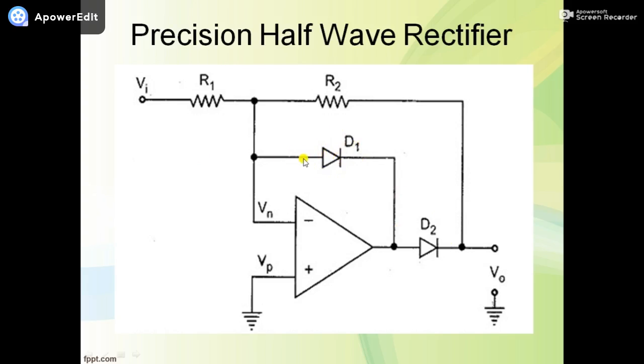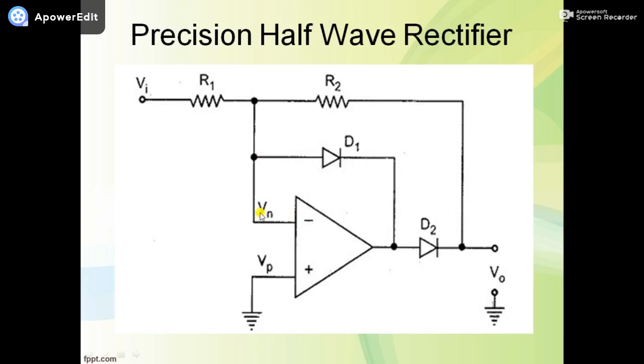Diode D1 is in the feedback path, and diode D2 is at the output side. R2 is the feedback resistor, R1 is the input resistor, Vi is the input voltage, V0 is the output, Vn and Vp are the node voltages, and we are using IC741 for the operational amplifier.